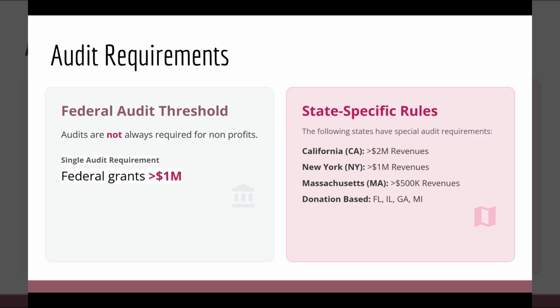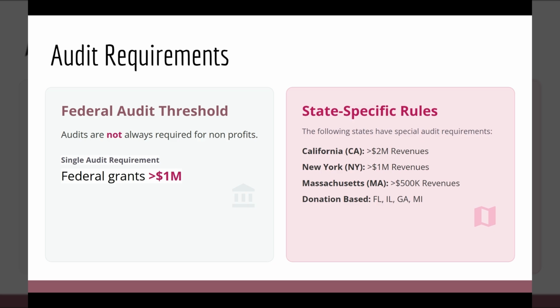And I put this in here because it is not required for all not-for-profits to have an audit by any means. If you're smaller than $2 million in the state of California, you have no requirement to receive an audit. And that's by $2 million in total revenues. New York is $1 million, Massachusetts is $500,000.